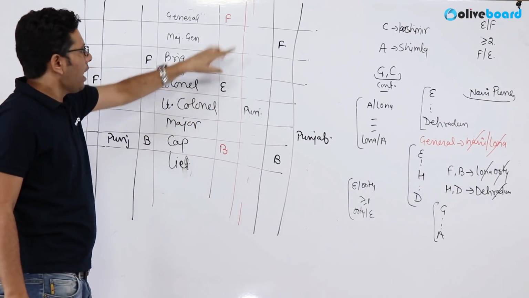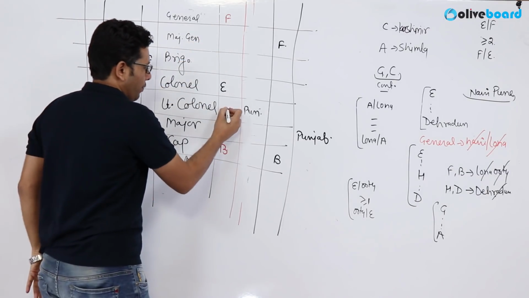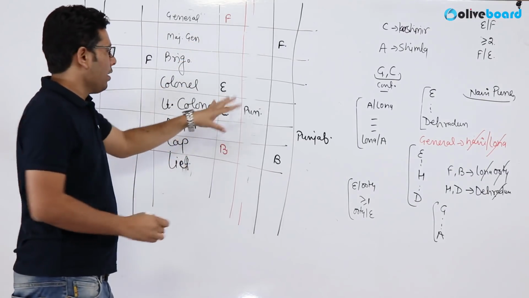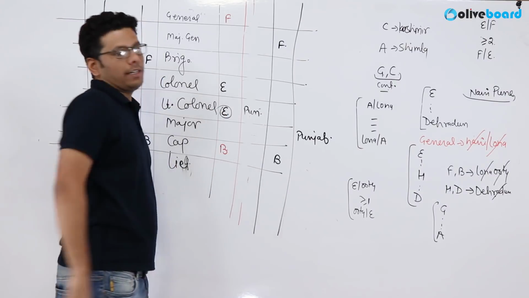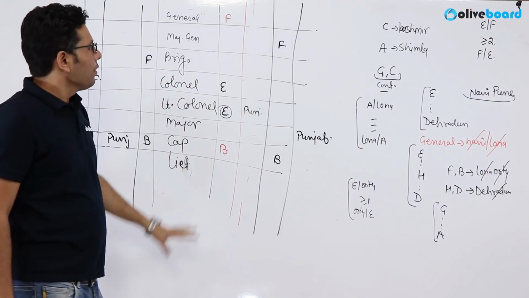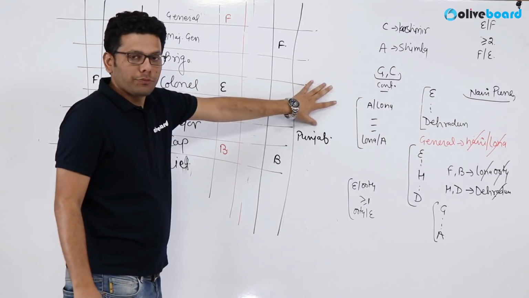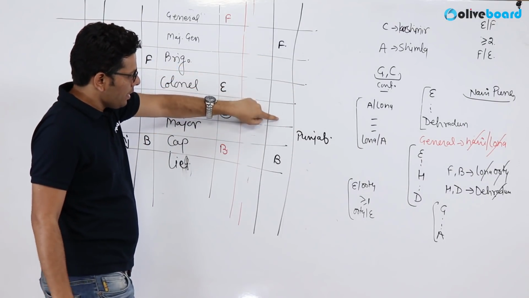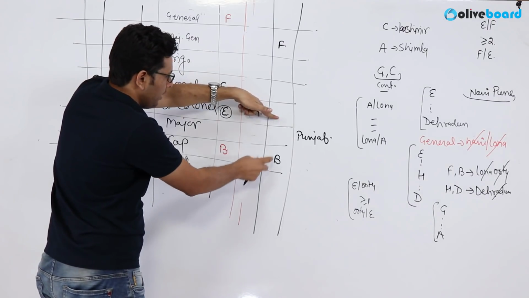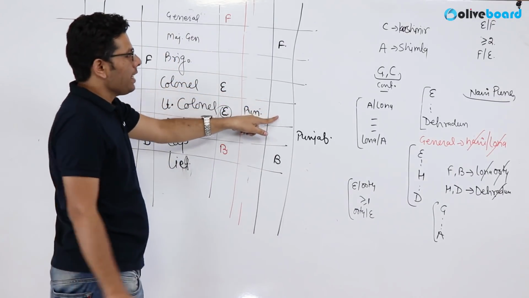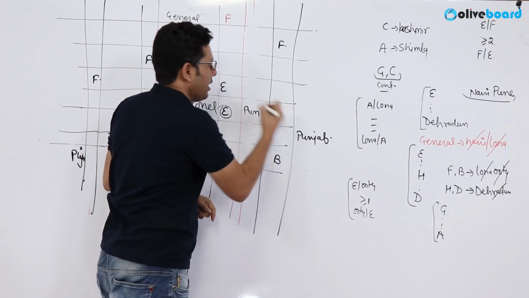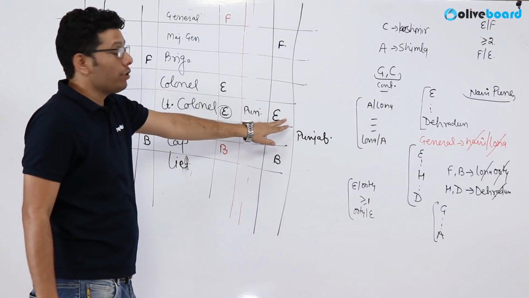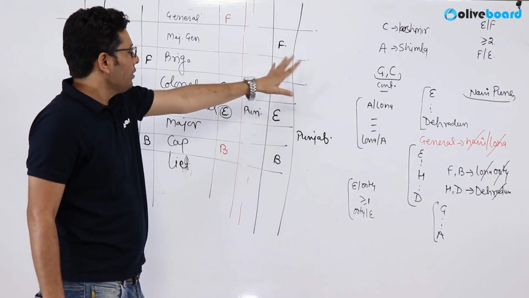So there are 2 possible E positions in this scenario. In this scenario there are more than 2 persons between E and F, and there are only 3 places, 1, 2, 3. So my E would definitely be here. This is the only place where you can put E in this scenario, because this is a different case.